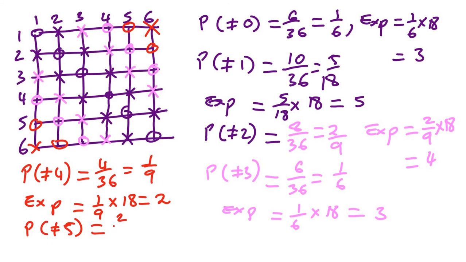So 2 out of 36, which is 1 out of 18. So the expectation of this is 1 out of 18 times 18, which is 1. That's all.